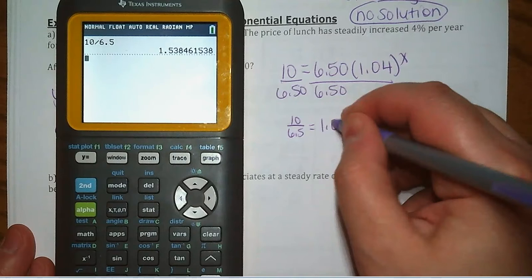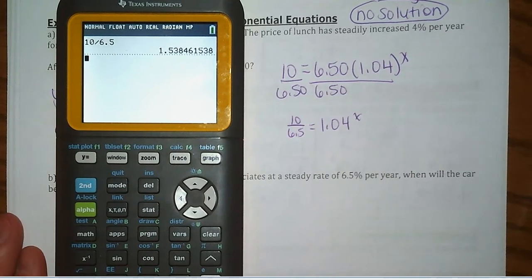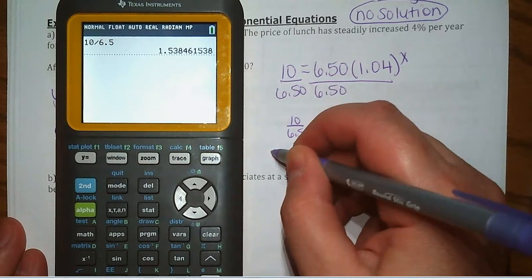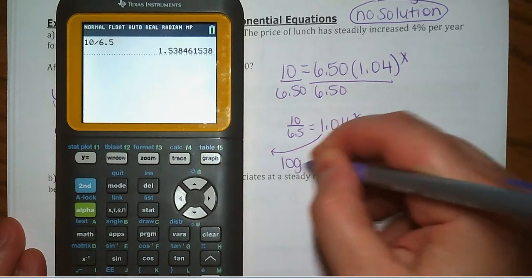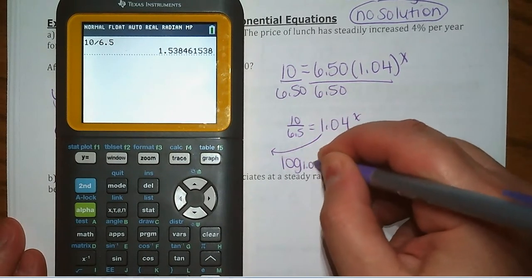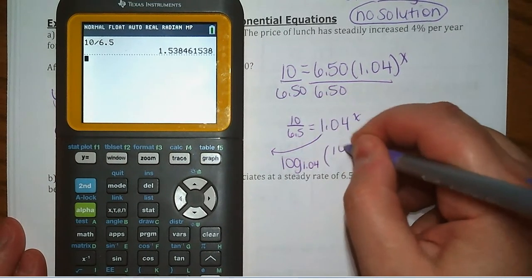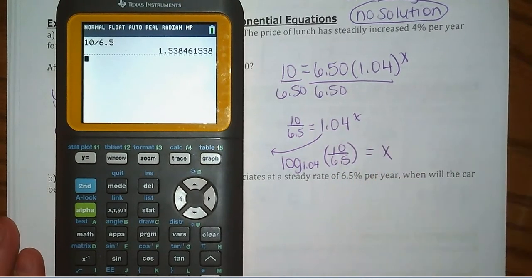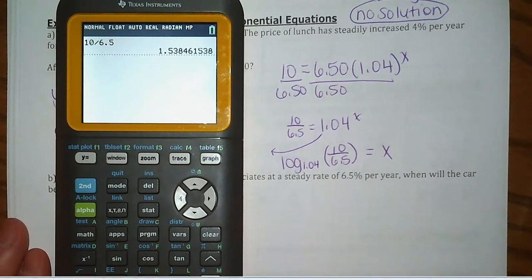And what we want to do here, we need to bring that exponent down on the level with the rest of the equation. So I'm going to swing this here. This is going to be the log. The base is going to be that 1.04, and I'm going to leave that 10 over 6.5. So we're not rounding multiple times as we go through here.